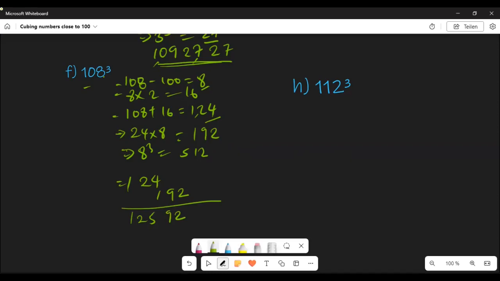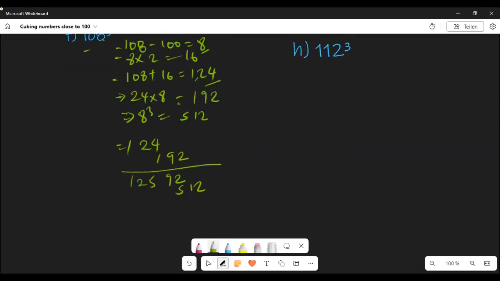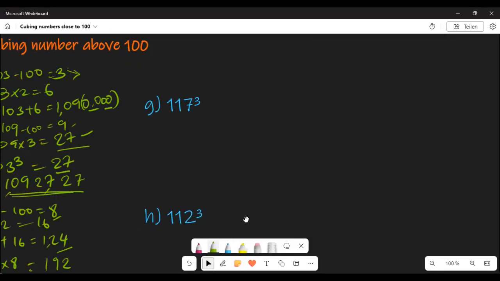And then we have here 5, 12. So what we have here is going to be 1,259,712.